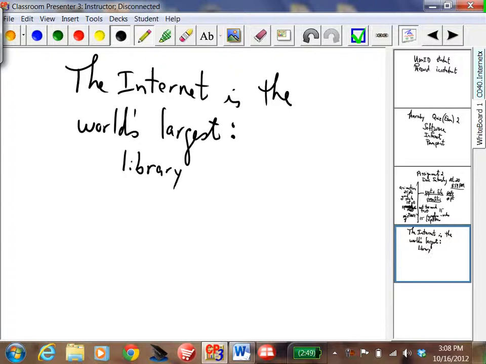It's the world's largest casino, and it's the world's largest department store, grocery store. Right? What else is it? Yeah, the world's largest movie theater.